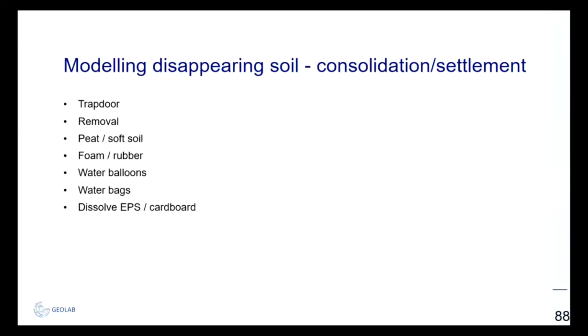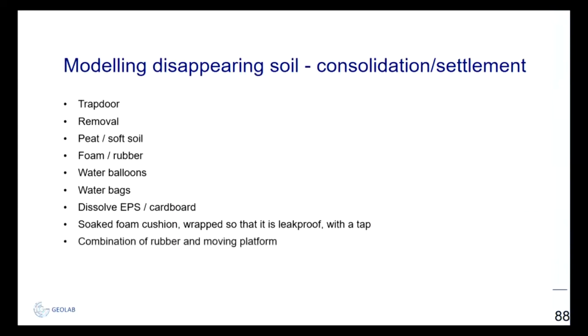You can dissolve EPS, like in orange peel juice. You can use that soaked foam cushion that is wrapped and leak-proof with a tap attached. And then the last example I showed you was a combination of rubber and a moving platform.